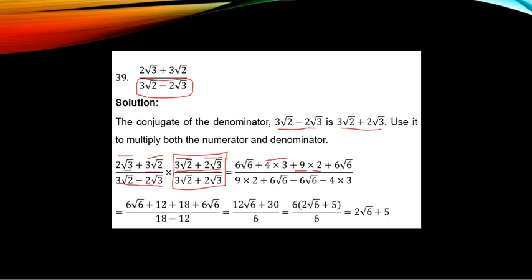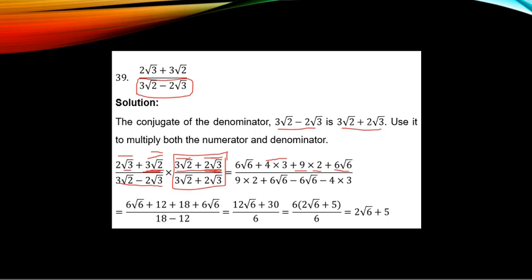Then the second term times the second term, 3 root 2 times 2 root 3. 3 times 2 is 6. Root 2 times root 3 is root 6.